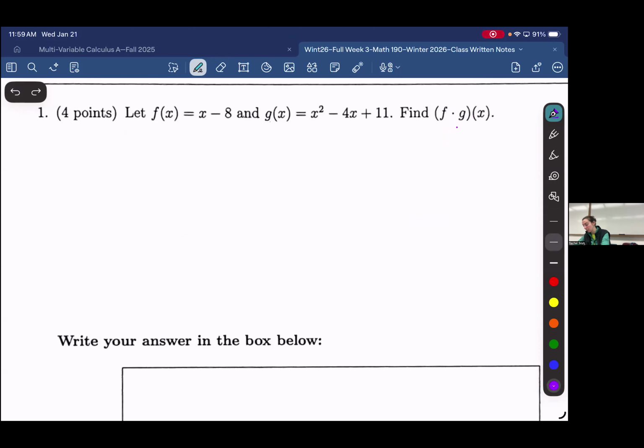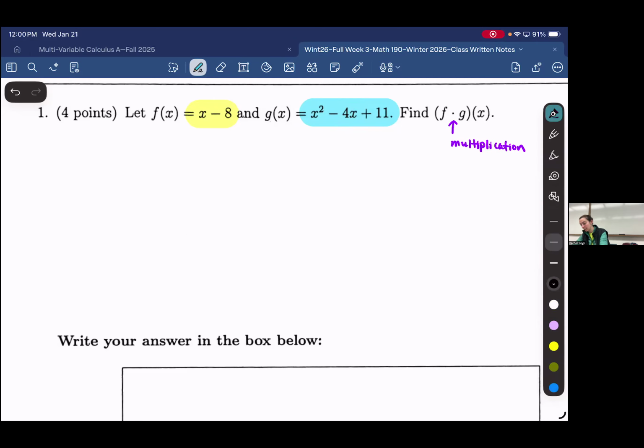This is multiplication. So essentially, we're just multiplying our f, our x minus 8, by our blue, x squared minus 4x plus 11.